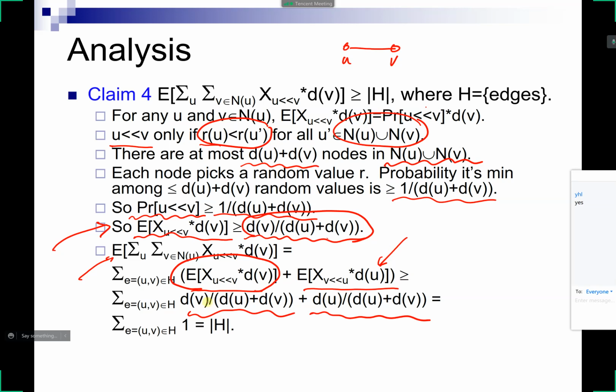Okay. So therefore, once you add these 2 together, they're going to cancel out, and you can simplify the entire sum to simply adding up over all of the edges. So the expectation of this entire sum is going to add up to the number of edges. Okay, so any questions about this part?